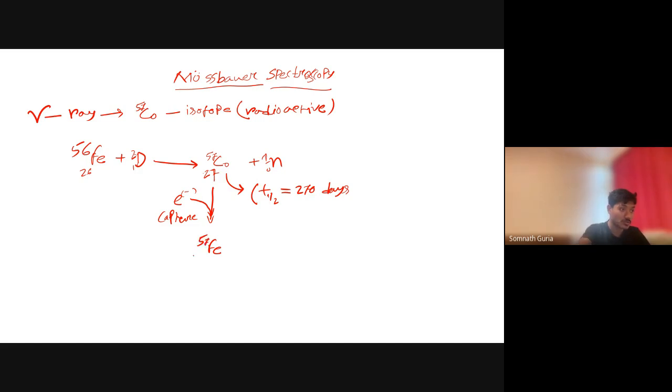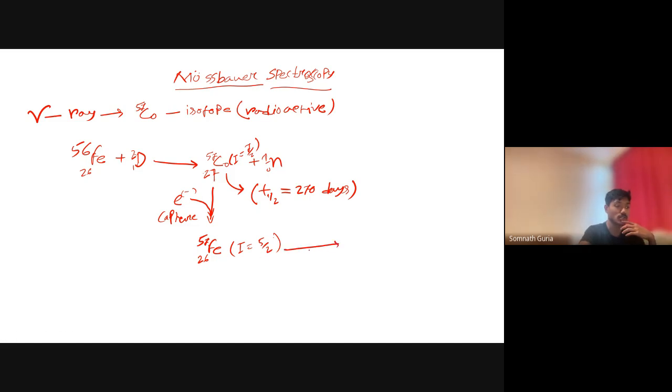So it will produce iron 57, atomic number 26, with I equals 5/2, and this cobalt 57 has I equals 7/2. As it captures one electron, its I value changes.